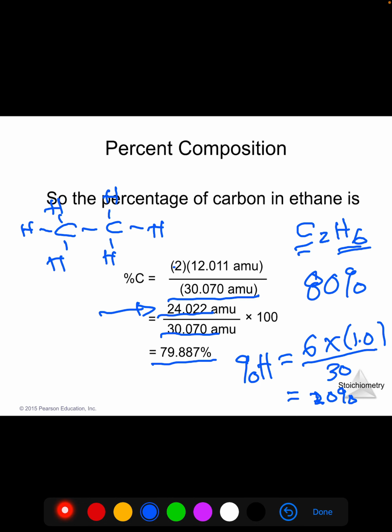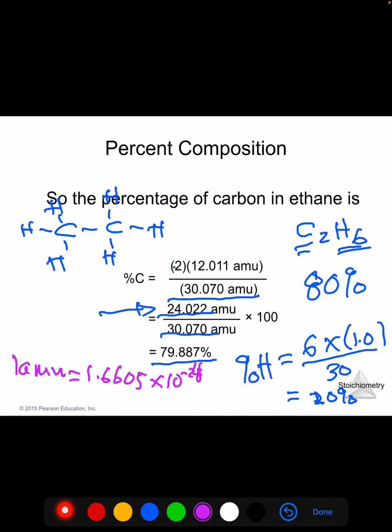And I say that because, let me pick a new color so it's different, 1 atomic mass unit, 1 AMU, is equal to 1.6605 times 10 to the minus 24th grams.